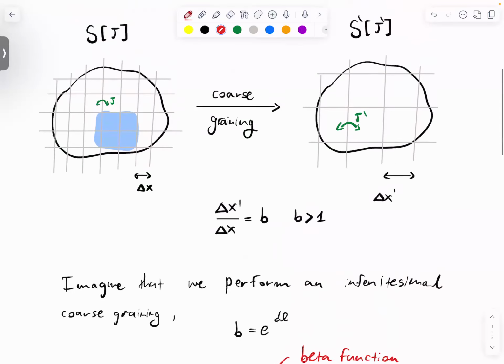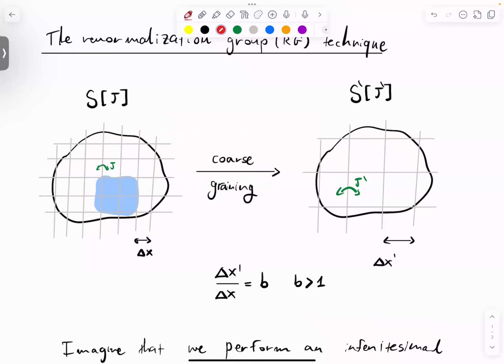Okay, so the philosophy is that we have a system. Imagine that the initial size of each one of these blocks is something microscopic, like the interparticle distance, the interionic distance, or something like that. And then we're performing this rescaling again and again until we reach a macroscopic size.